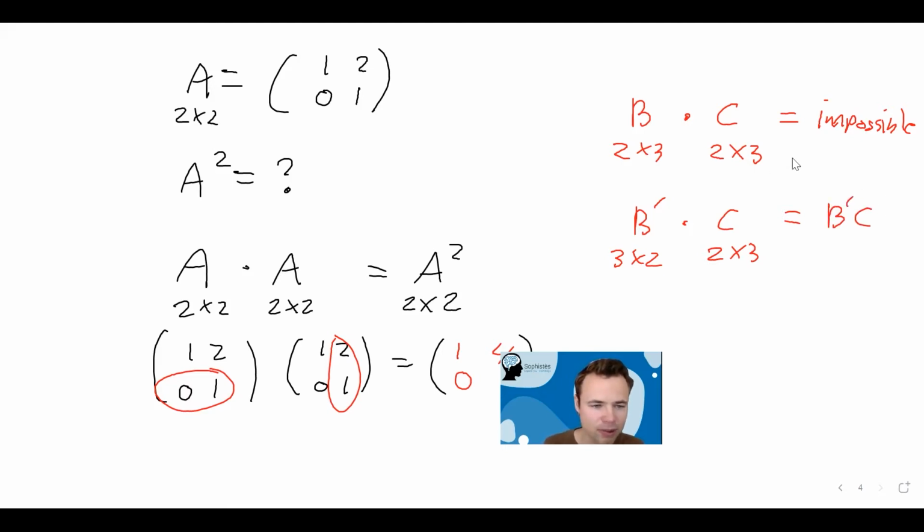Yes, right. And what will be the new order? The new order will be 3 times 3. Very good. So the left matrix gives the left number, and the right matrix gives the right number. Very good. Okay.